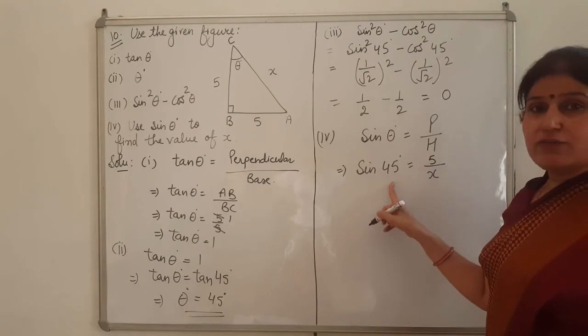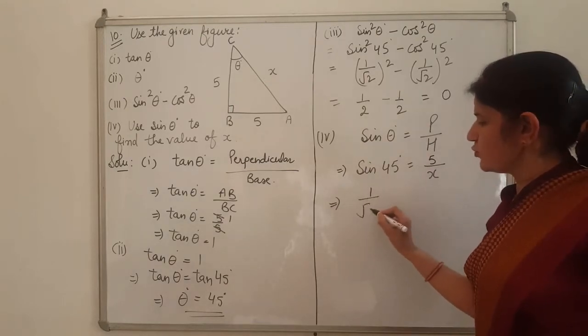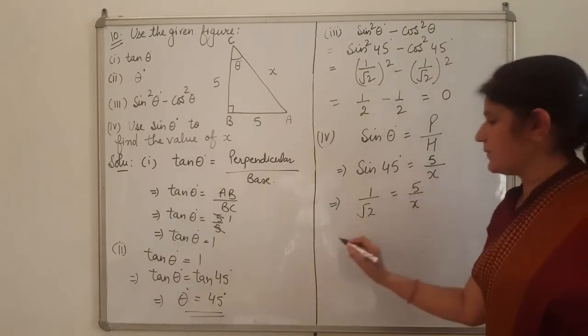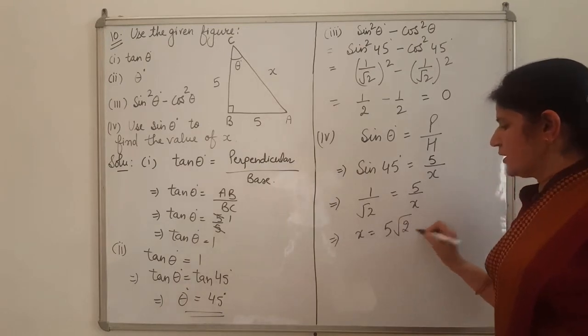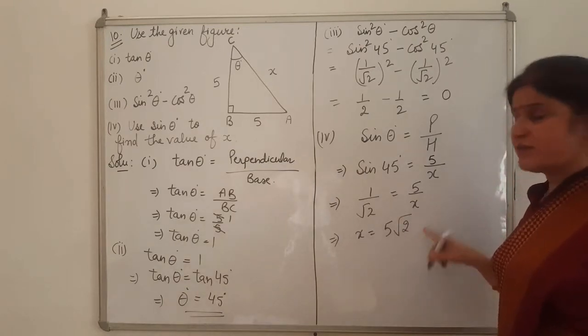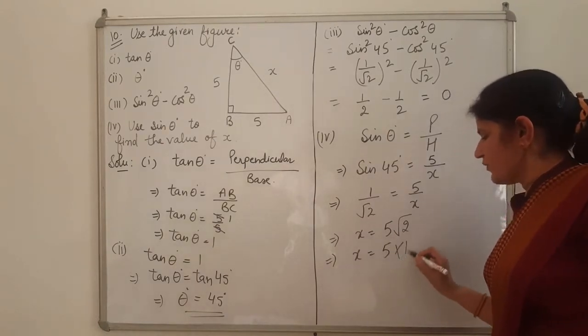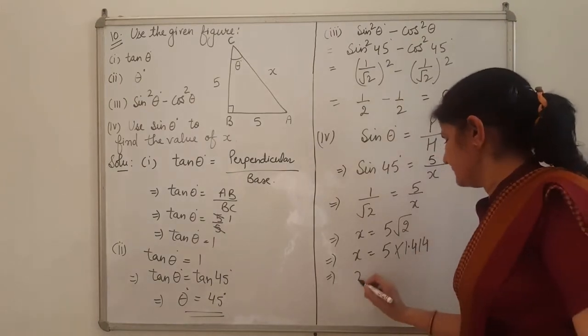Sin 45, what is the value of sin 45? 1 over root 2 equals 5 upon x. By cross multiplication, x is equal to 5 root 2. You can leave the answer here also, otherwise the value of root 2 is 1.414. Multiply.